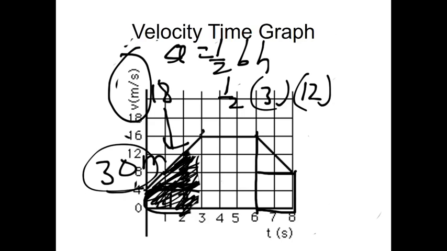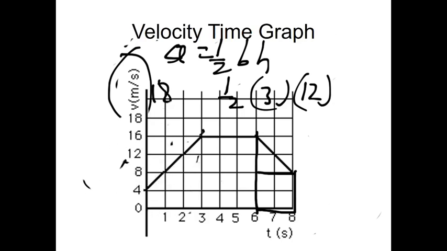Let's clear it off so we can see our numbers a little bit better. So our triangle is from 8 to 16, so it's 8 tall. It is 2 wide, so 1/2 times 8 times 2 gives us 8. So the area of this shaded part is 8.